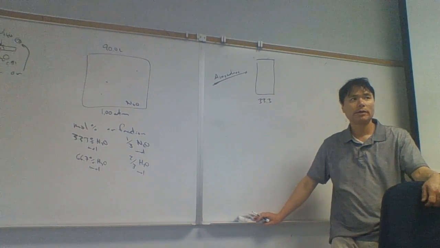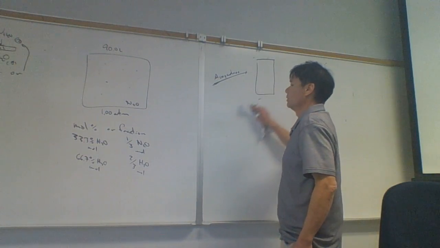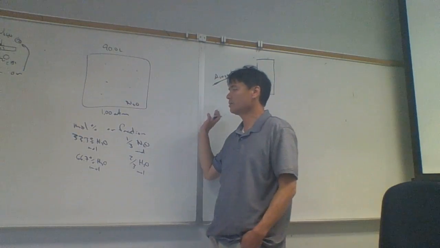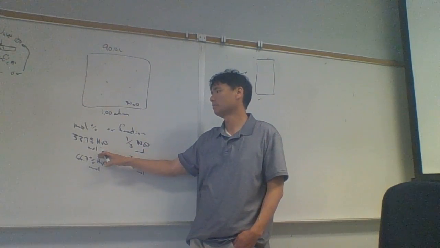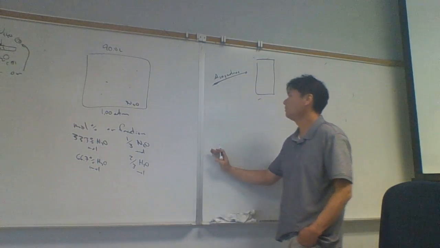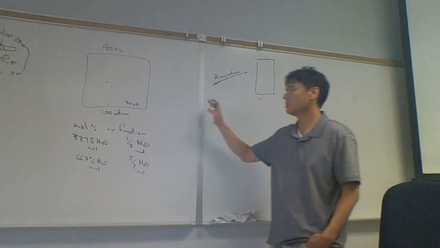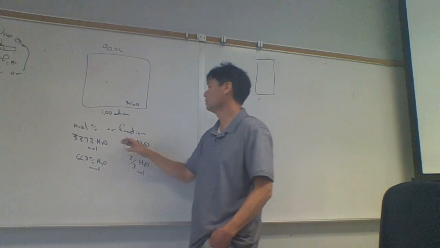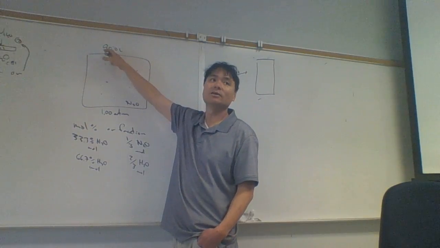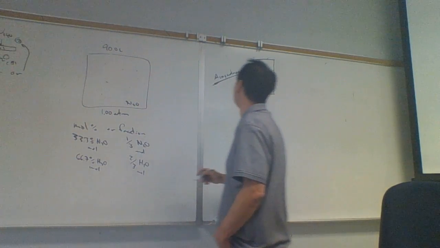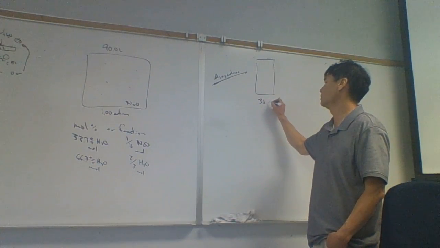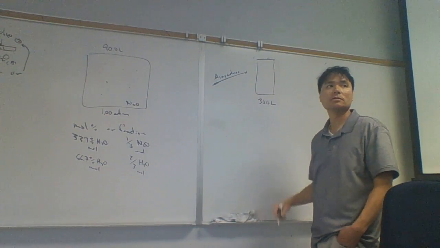In other words, the pressure fraction is the same as the mole fraction. The volume fraction in Avogadro, that's for Dalton's. For Avogadro's, the volume fraction is the same as the mole fraction. So 1/3 of the volume will be nitrous. 1/3 of 90 liters, this is why I picked 90, is going to be 30.0 liters.